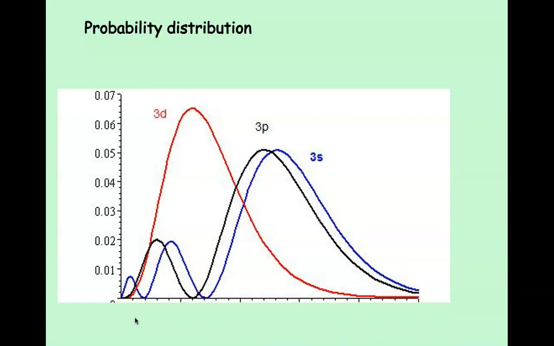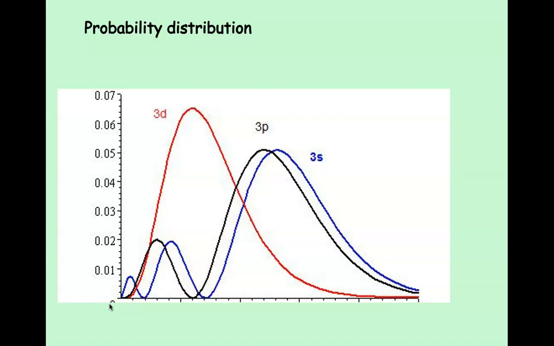But if you notice the blue and the black line for the 3s and 3p, they have another probability closer to the nucleus. And if you look closely, the s electron has a third probability to be closer to the nucleus. The 3p does not. So the point we're getting at, at the end of the day, is that s and p electrons have good shielding to other valence electrons.